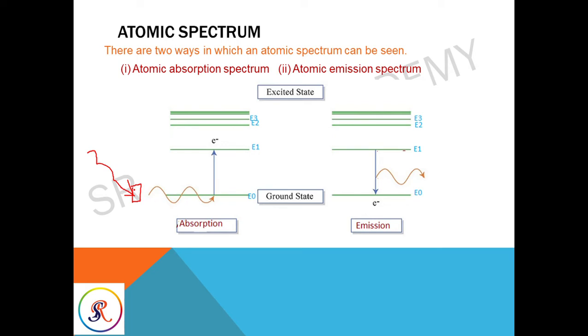Here I am taking the ground state, E0, and the next states are E1, E2, E3. Electrons are stable at each particular energy level, according to their energy.